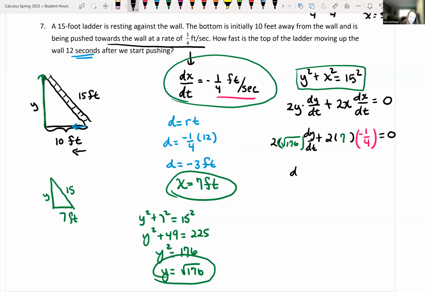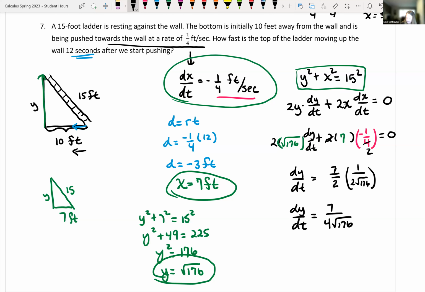So getting dy/dt by itself and simplifying at the same time, that 4 and the 2 cancel. So let's add 7/2 to both sides. And let's multiply both sides by 1/2 root 176. So dy/dt is equal to 7/4 over the square root of 176.